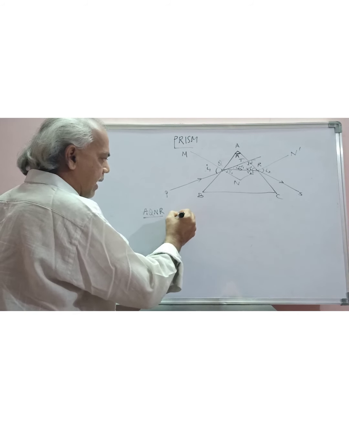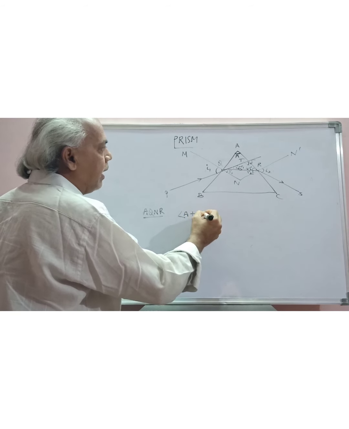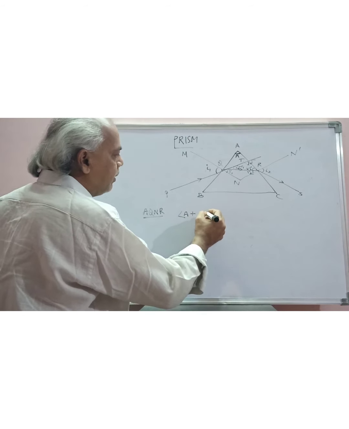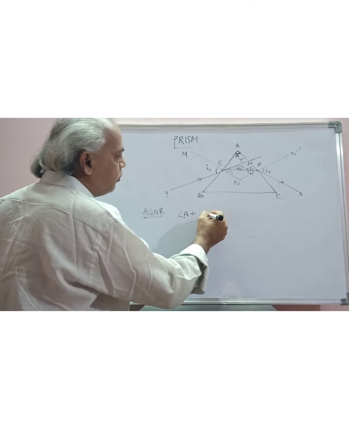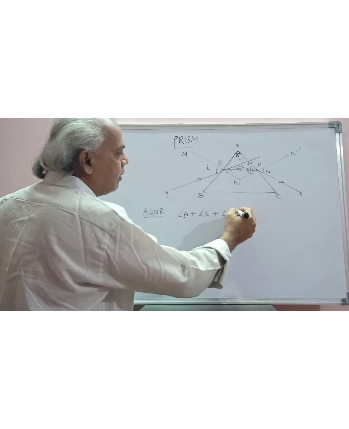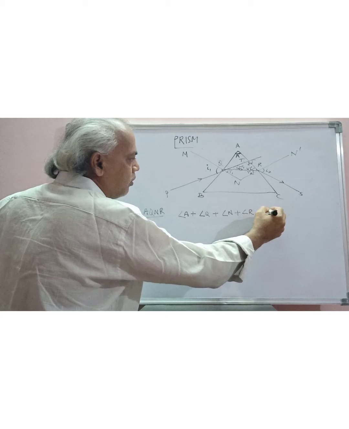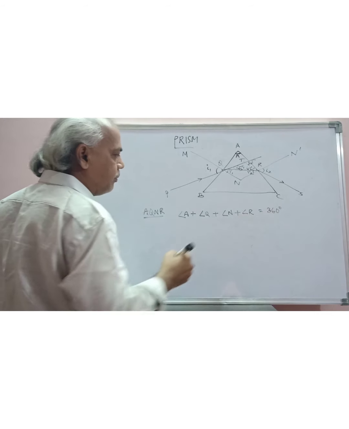That is angle A plus angle Q plus angle N plus angle R is equal to 360 degrees.